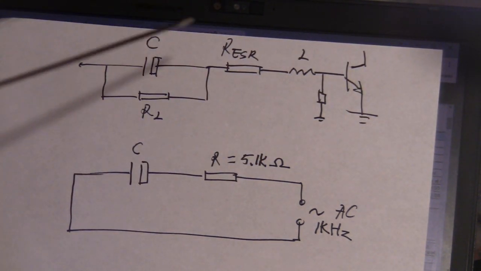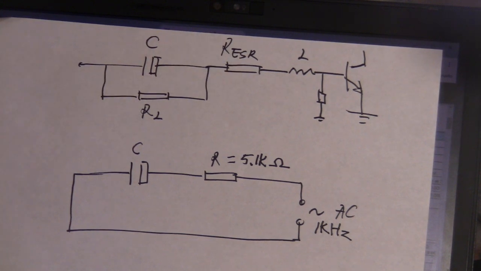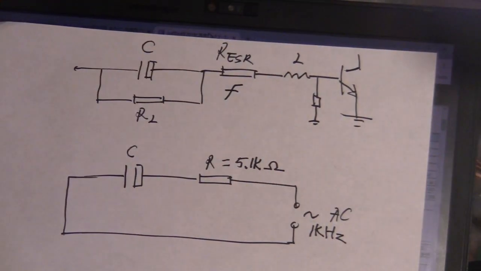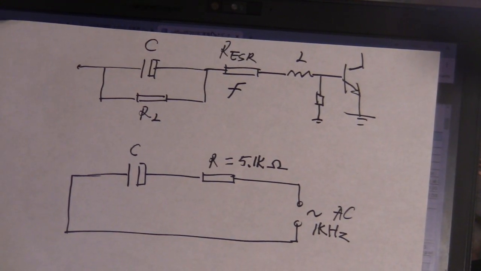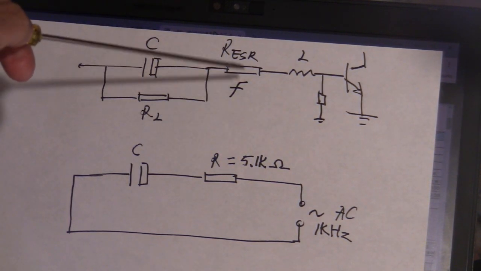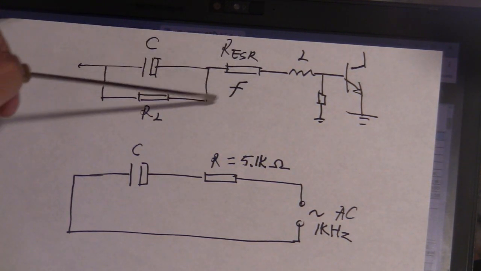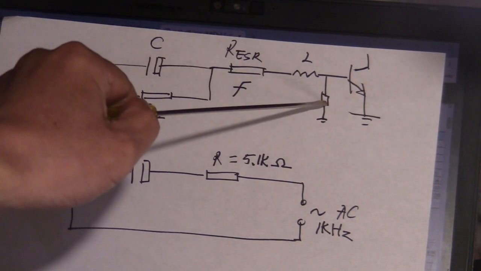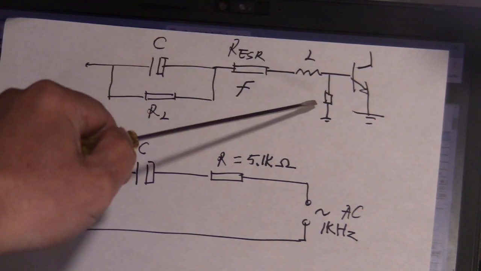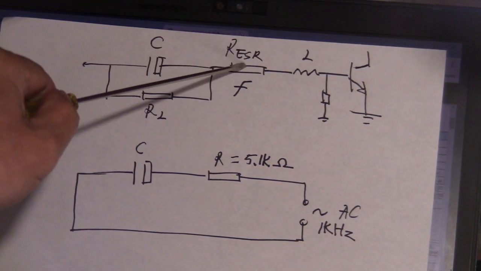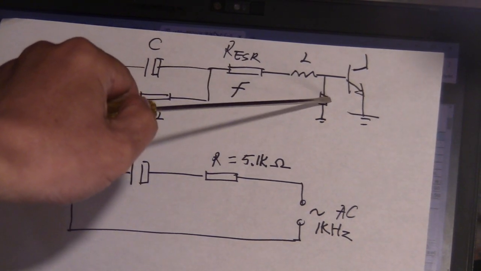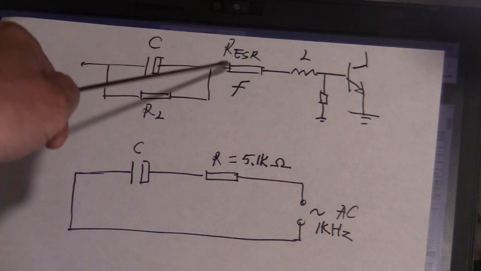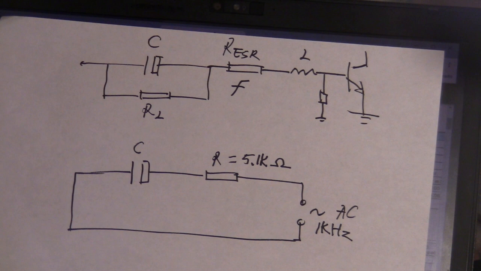But somehow this thing is related to frequency. If the frequency goes up and down, this ESR is changing. You see this ESR and this one, they have a ratio. The signal has some voltage drop from here. So if this is changing based on frequency, then the voltage drop in the ESR is different.